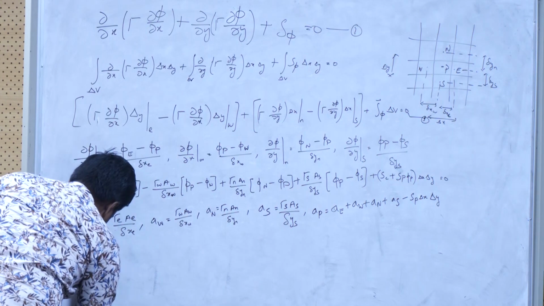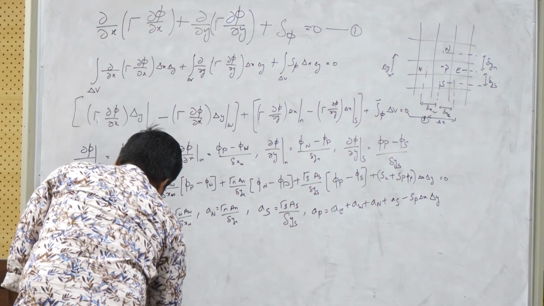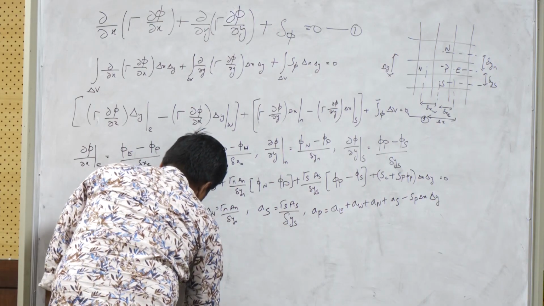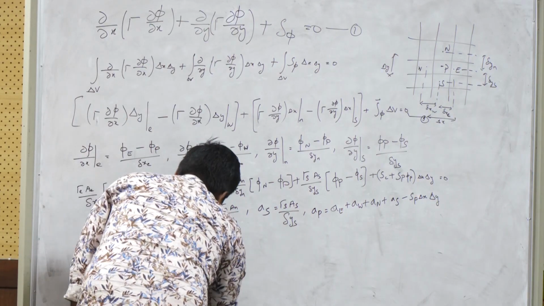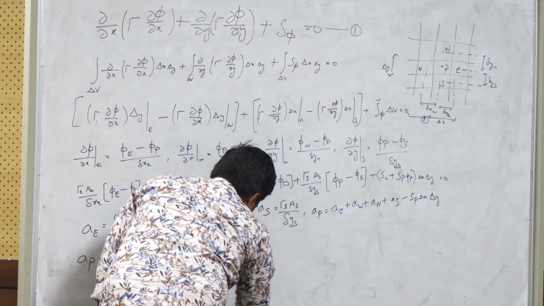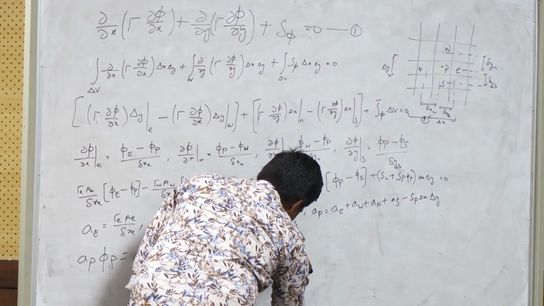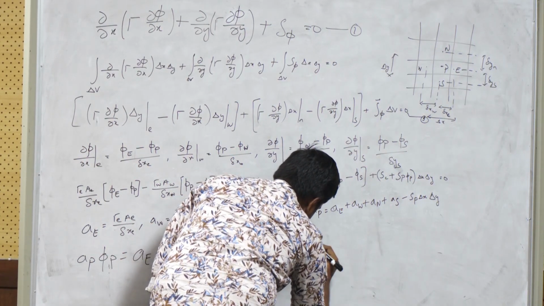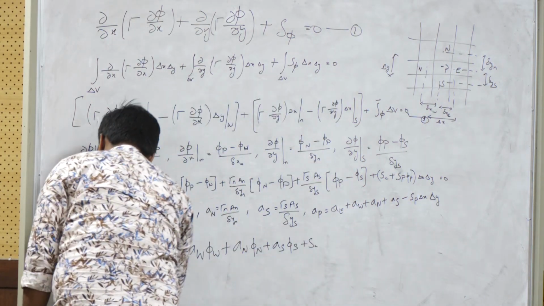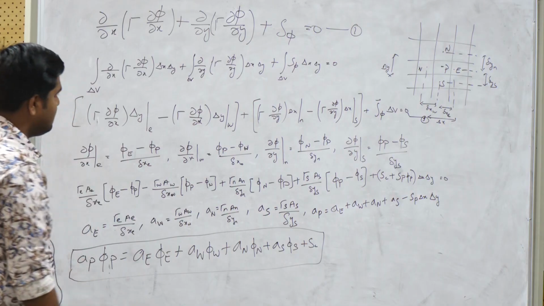And we arrive at ap phi p equal to ae phi e plus aw phi w plus an phi n plus as phi s plus so. And this is the result for the discretization in two dimensions.